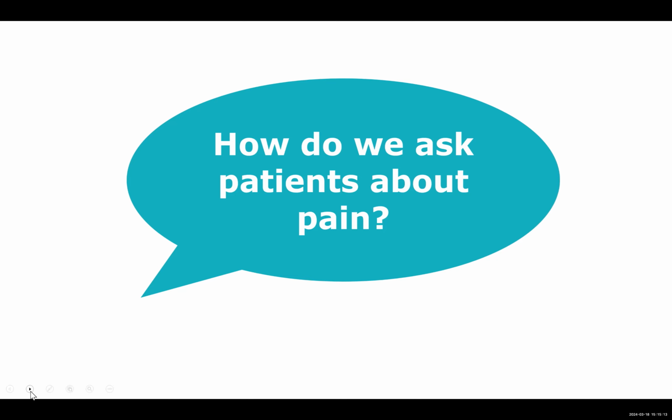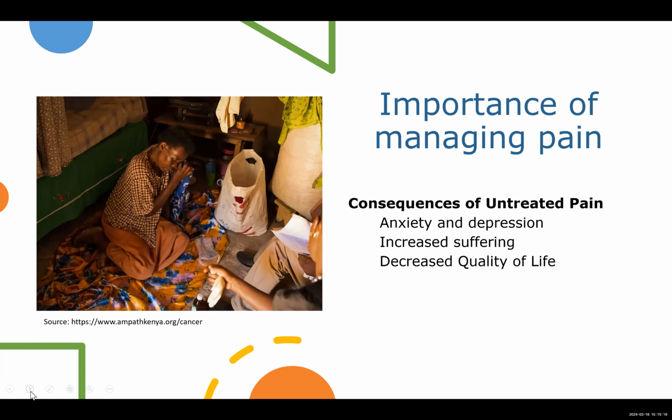So as we think about and consider talking to our patients about pain, it's really important that we understand, as a team, the consequences of untreated pain. Here you can see a picture from the EMPATH team, a person who's doing a home visit for someone with advanced cancer. For patients with untreated pain, we know that anxiety, depression, increased suffering, and even a decrease in their quality of life can occur.